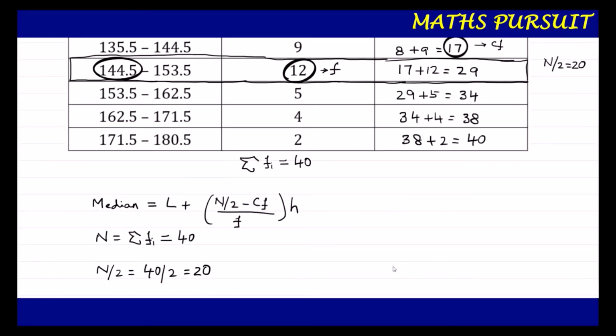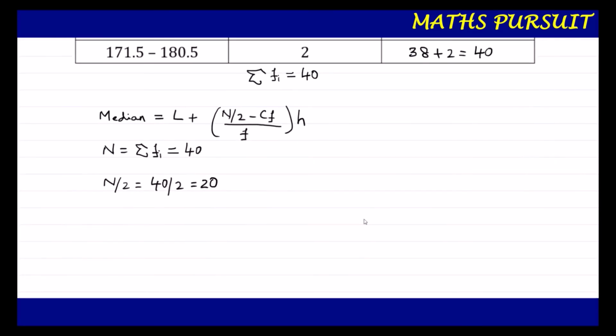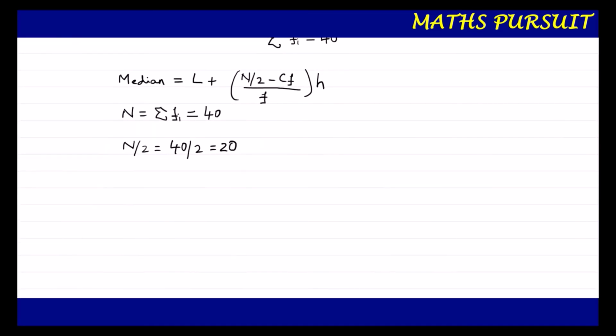So whatever information we got from here, let us note it down so that we can put it in the formula and calculate our median. We already got n by 2. Cumulative frequency is 17, that is what we got from above, and f is equal to 12. And class height is equal to how much?